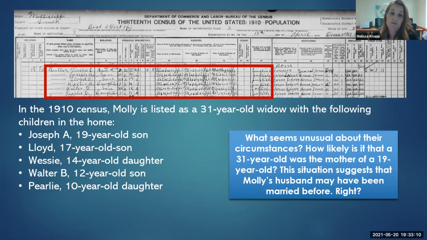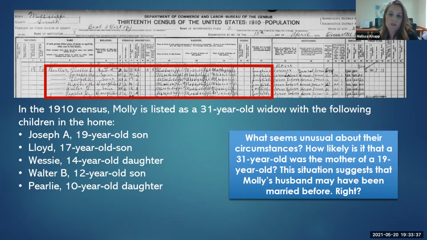Sometimes a neighbor gave the information if the family wasn't home. And so that's why names and ages can be off a lot too. But we see that Molly's a 31-year-old widow with the children. Joseph A., we assume that he's probably the same as Armstrong because he's 10 years older, 19 years old. Lloyd, 17, Wessie, a 14-year-old daughter, Walter, a 12-year-old son, and Pearlie, who was 10.